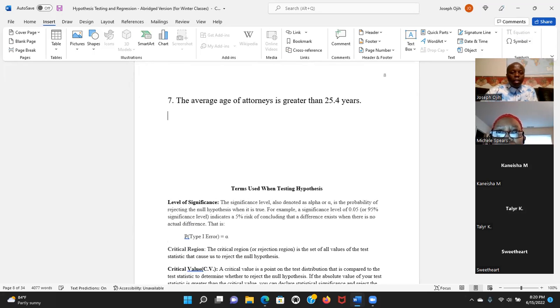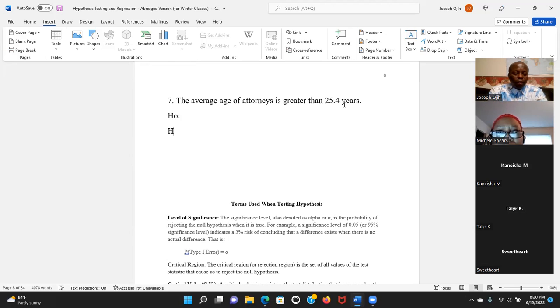Now this one has H0 and H1. The average age of atomists is 25.4 years.